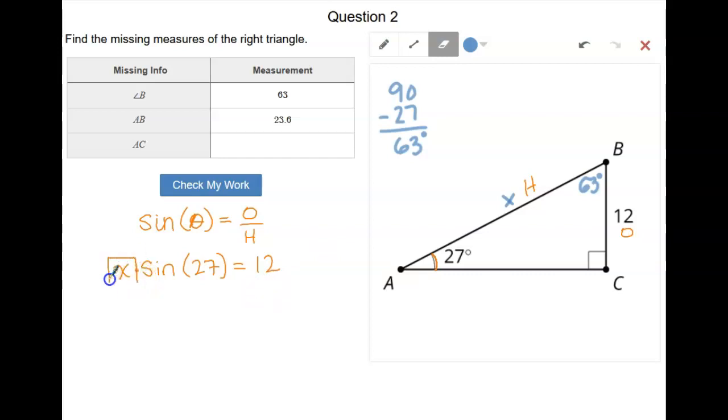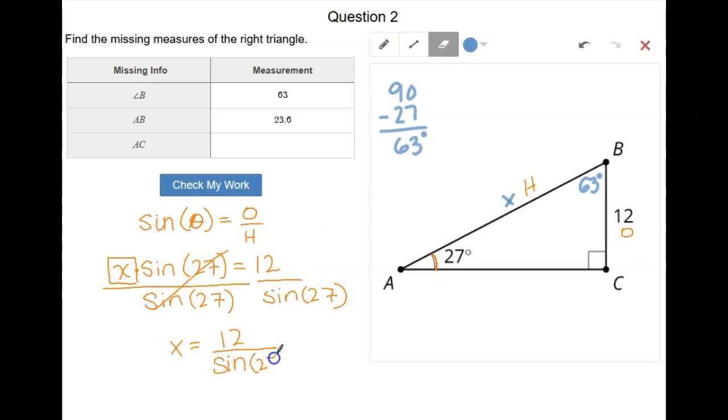That's the whole goal of this. So if I'm multiplying x times the sine of 27, I need to divide by the sine of 27 on both sides. So now I get x is equal to 12 divided by sine of 27.